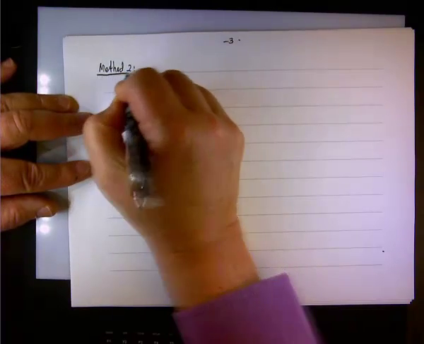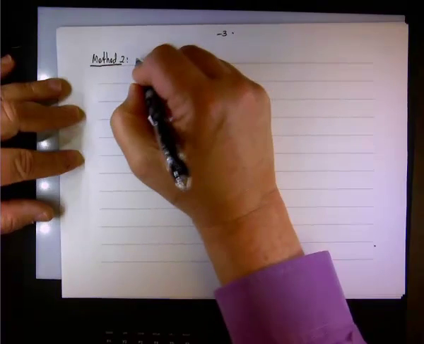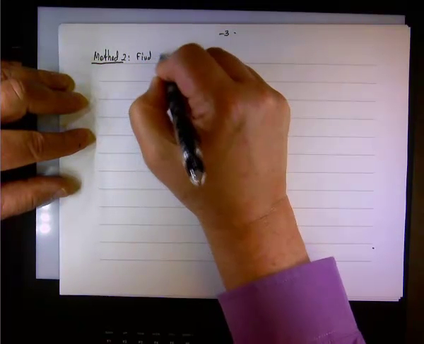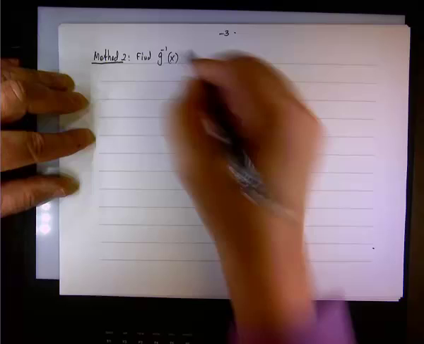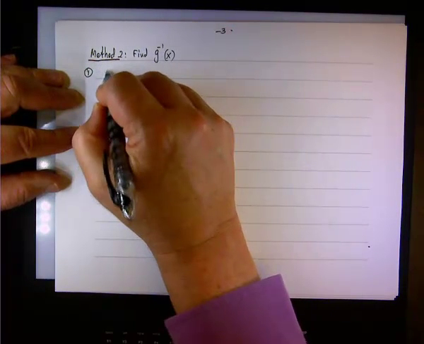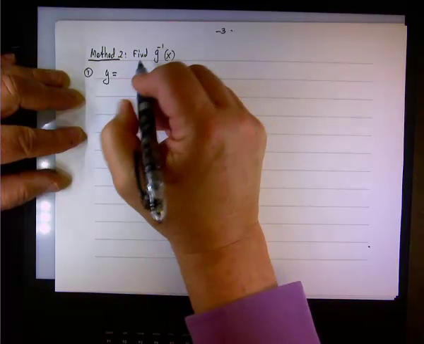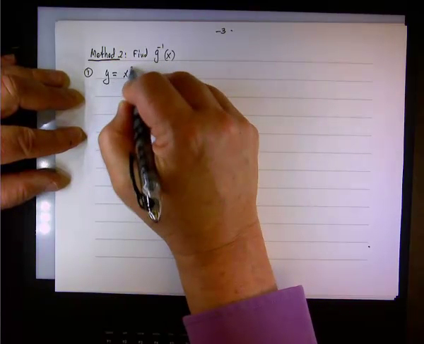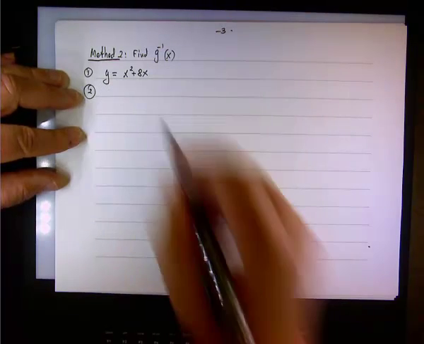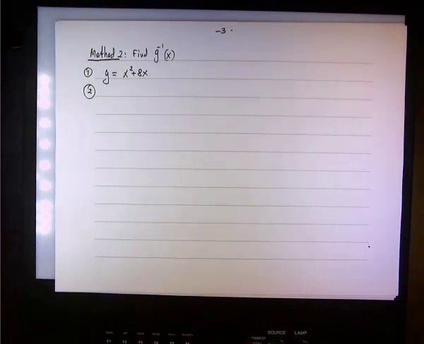To find the general term, step 1, write y equals the original function, x squared plus 8x. Step 2, solve for x.